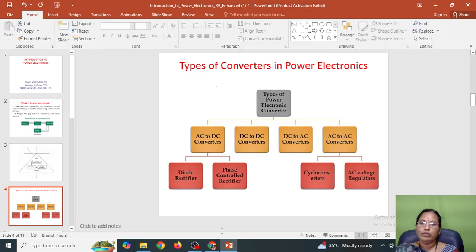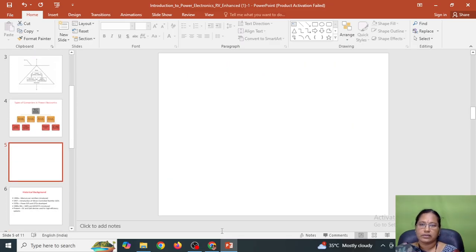If voltage is kept constant and frequency is varied, that is called a cycloconverter, that is, fixed frequency into variable frequency. In the other case, the frequency is kept constant and the voltage is varied, from fixed AC voltage into variable AC voltage, called AC voltage controllers or AC voltage regulators.